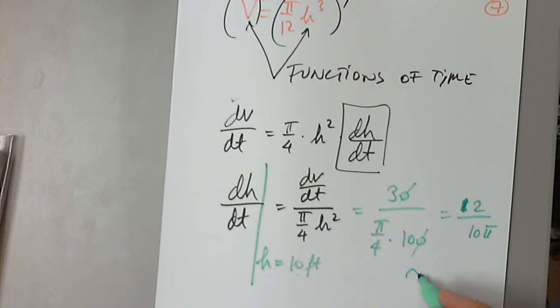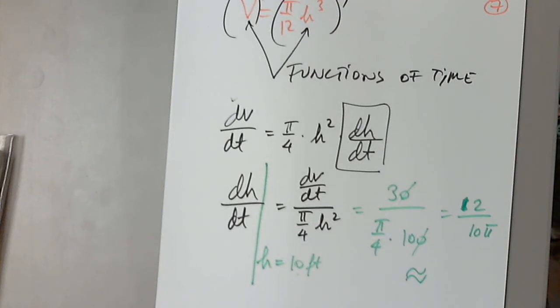So let's approximate that. I have 12. Be careful how you put this in. One option would be 12 divided by, in parentheses, 10 pi.